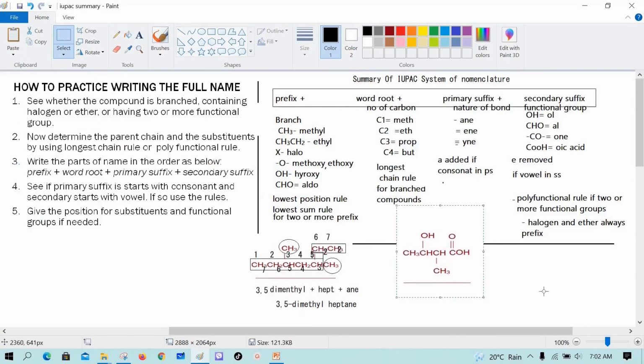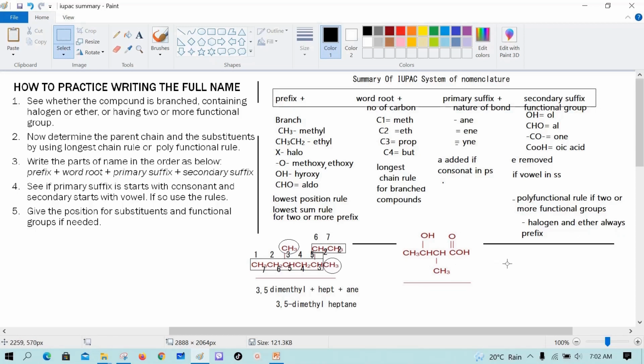For this question we have to determine whether there is a branch, polyfunctions, halogen or ether. Here we have a COOH group, one functional group, and an OH group, a second functional group, and CH3. That means there is a branch and two or more functional groups. Once we have two or more functional groups, we use the polyfunctional rule.